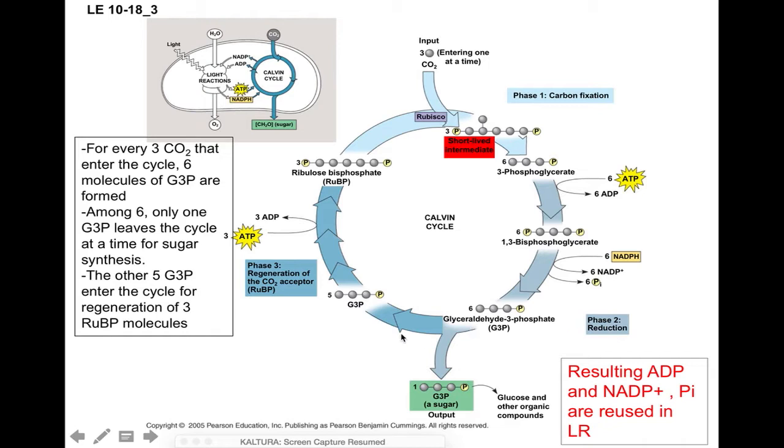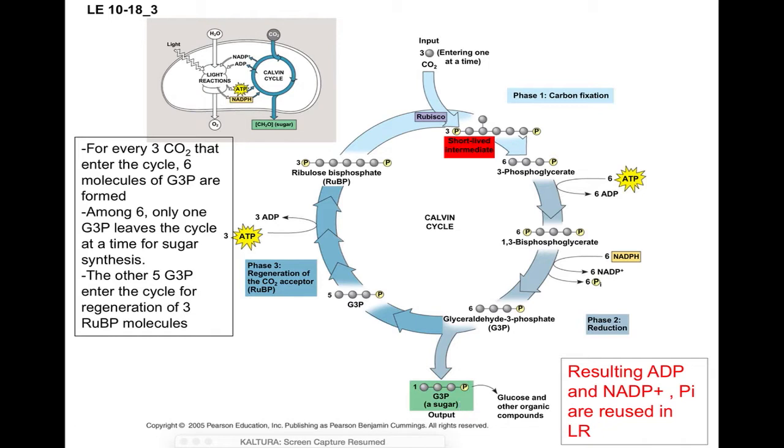G3Ps will be used for regenerating RUBP, but out of 6 G3Ps from 6 Calvin cycles, 5 will be used for regenerating RUBP, but 1 will come out, and 1 from another Calvin cycle will come out, and 2 G3Ps together will make glucose.